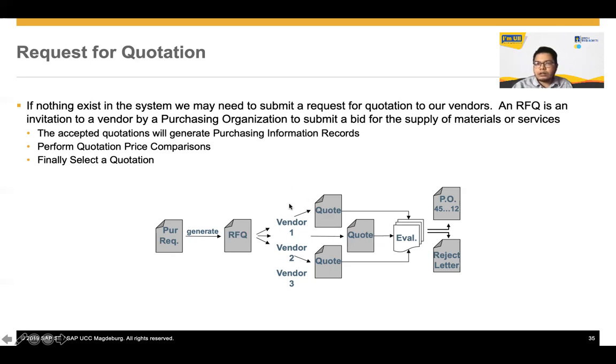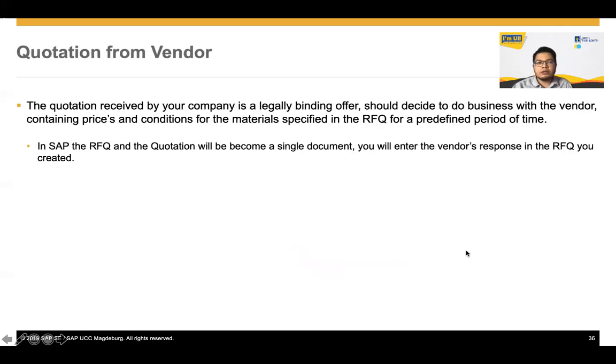There is more than one vendor that we can ask, and each of them will answer and give us a quotation for the price of the product and their availability, etc. Using this information from different vendors, we evaluate and decide which one we want to buy from by creating a purchase order, and which one we don't want to work with by creating a reject letter.